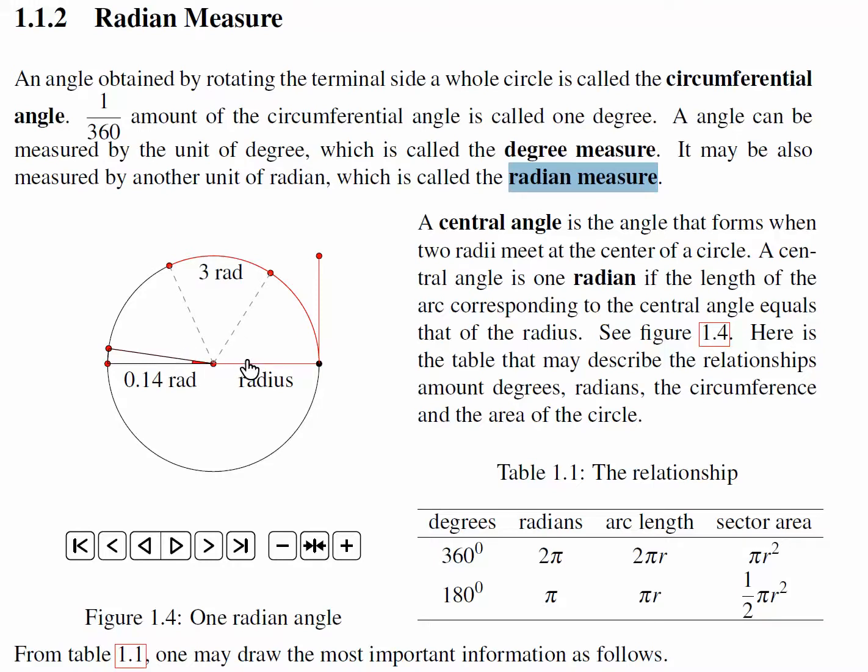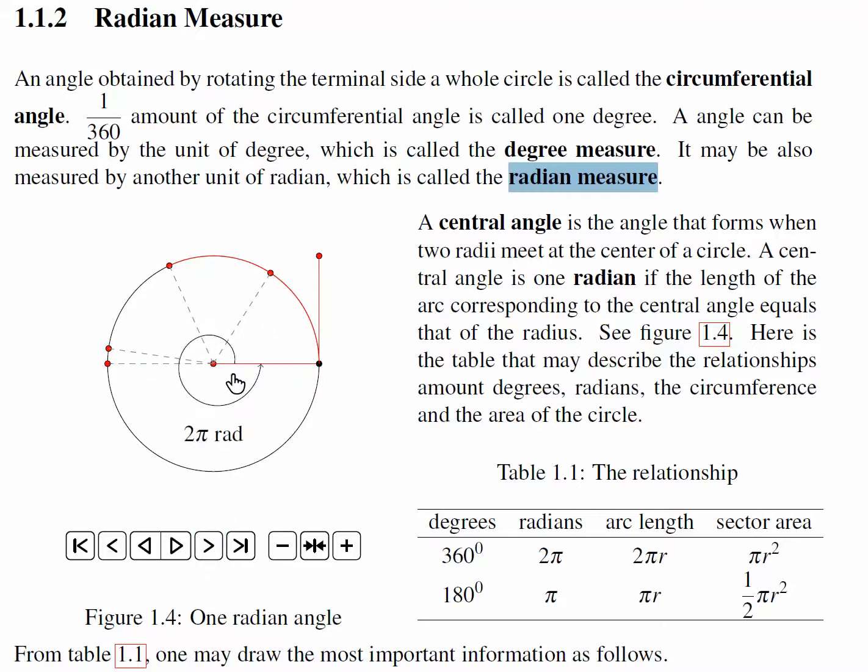So pi radians is 180 degrees, a straight angle. This is our pi, 3.14 radians. That's what I said a moment ago, 180 degrees.